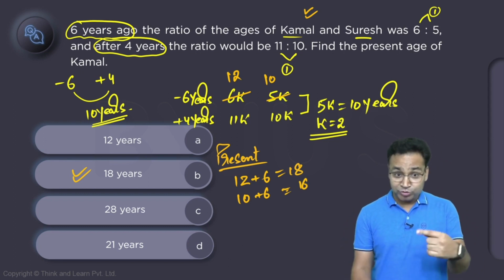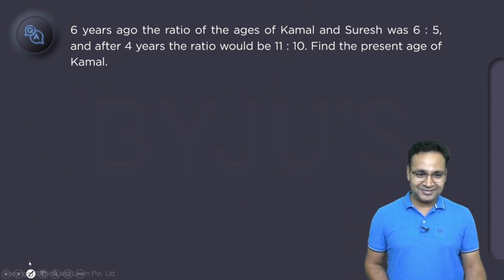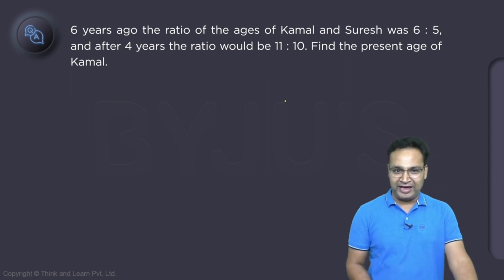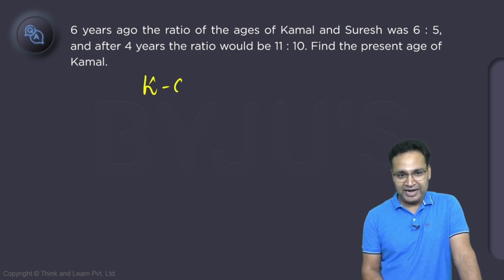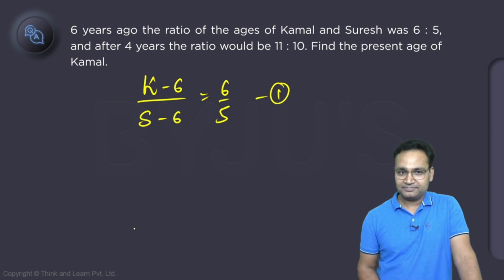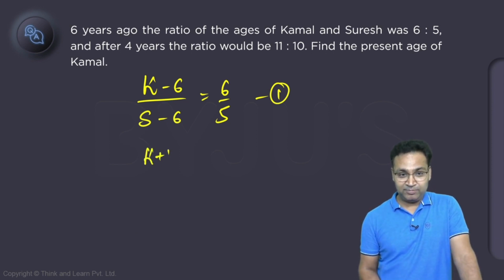Okay, let me show you the dirty method. People say, sir has told us to take a meaningful variable. So I am assuming the present ages of Kamal is K and Suresh is S. Kamal minus 6, Suresh minus 6 is 6 by 5. So equation number 1. 4 years after, age of Kamal is K plus 4, age of Suresh is S plus 4.